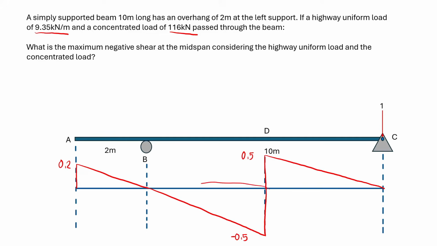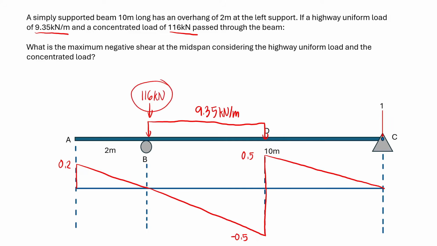Since the ordinates right here are negative, placing our loads there will produce negative shear. We'll place our uniform load, which is 9.35 kN per m. Since we have a concentrated load, we'll place that at the higher ordinate. We will not place that here because the ordinate at B will be 0, so we'll instead place this at 0.5.